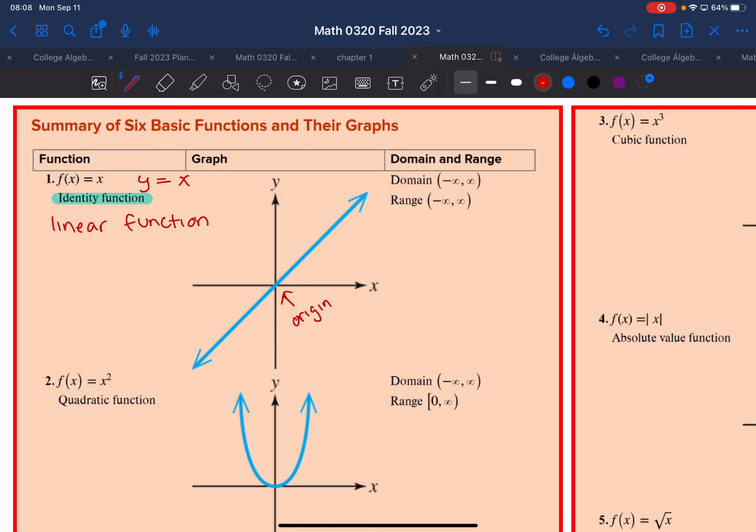It's also considered the identity function because we do not have a b value. So this y equals x is technically y equals x plus 0 because there is no intercept here besides through the origin at that 0. Okay. So again, this one is just a line.